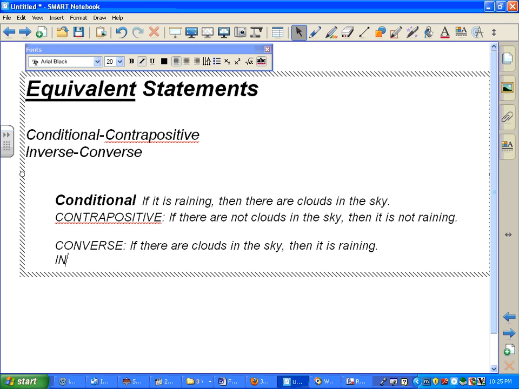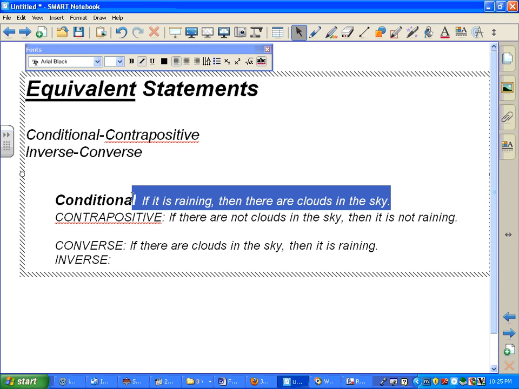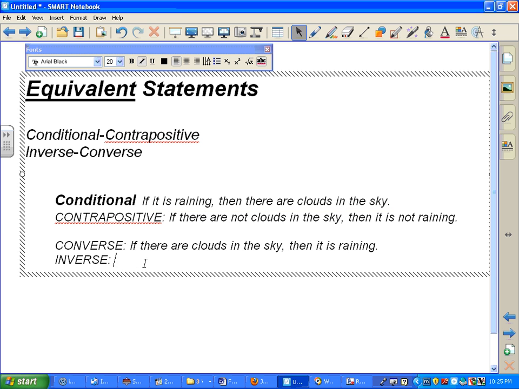So the inverse, again, we go back to our original conditional up here. And the inverse is we negate both of them. So if it is not raining, then there are not clouds in the sky.